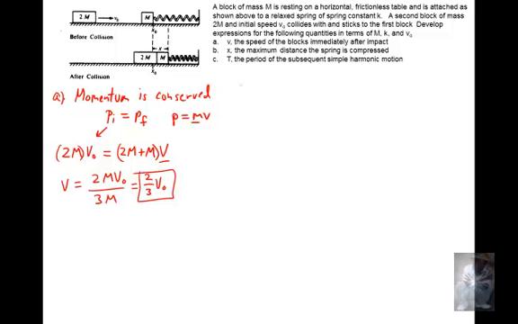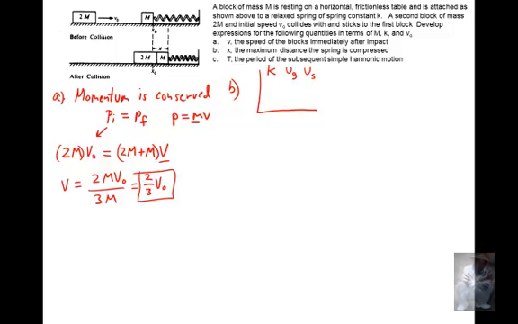For question B, we'll use the energy model. So we'll look specifically at the energies at the beginning, which can potentially include kinetic energy, gravitational potential energy, and elastic energy.